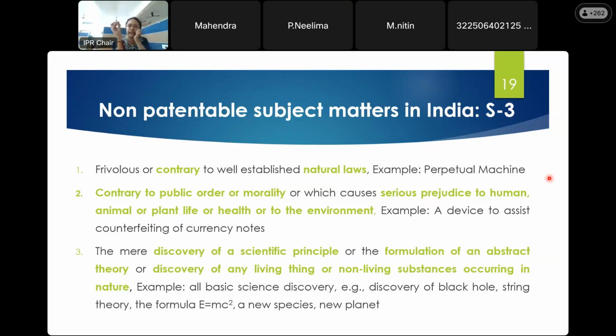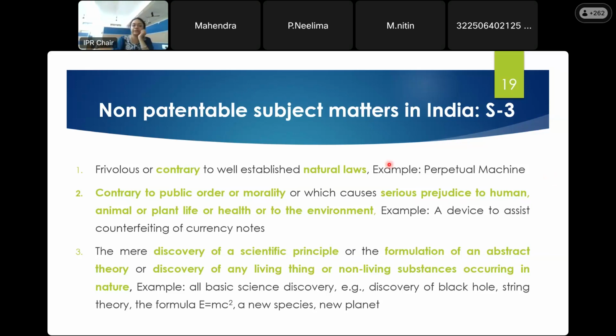That is your target, right? So you are basically doing some harm to plant health and environment and human and also animal. So those things are not patentable. If it is against public order, morality, or causing harm, those things are not patentable.